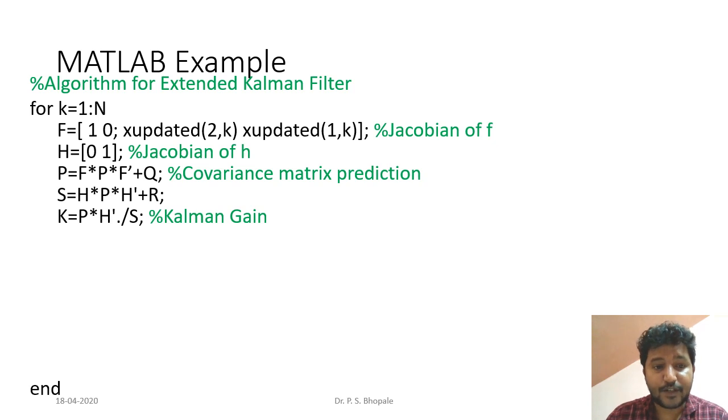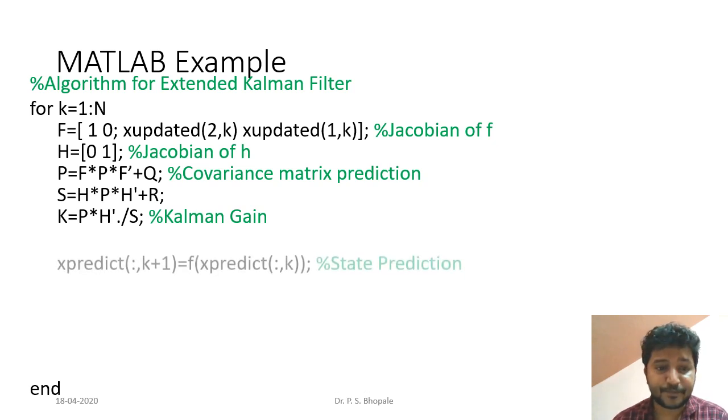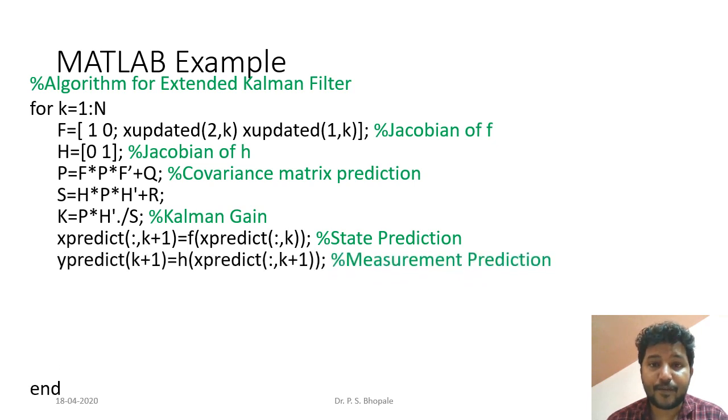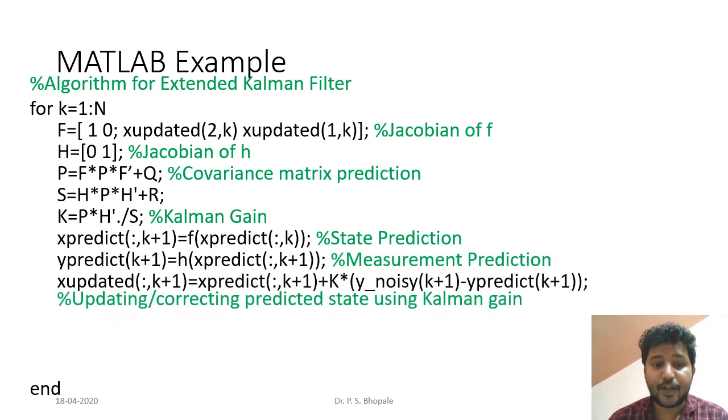Innovation S is calculated, and finally the Kalman gain is calculated using the predicted covariance matrix, the linearized measurement matrix, and the innovation. Then a predicted value is calculated for a given state, given the previous state, and the measurement value is predicted. These predicted values are updated using the Kalman gain k and innovation.